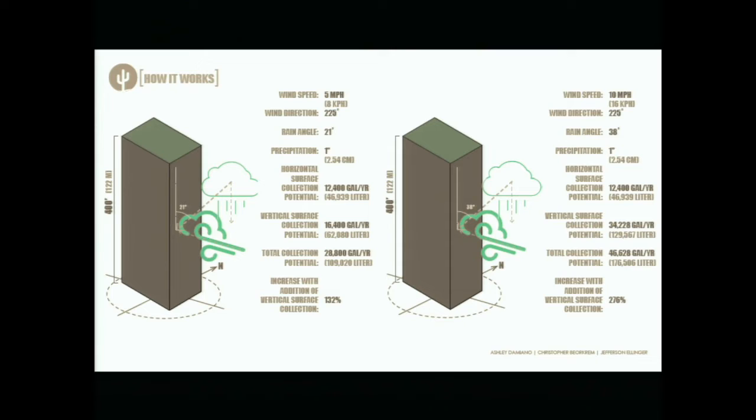If that wind was blowing at 10 miles an hour or 16 kilometers an hour, that nearly triples the amount of collection that could occur than just on the roof surface.